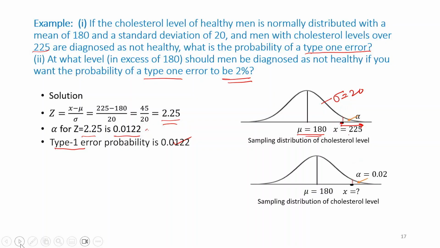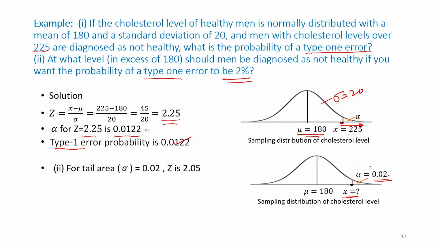That means if I draw the same graph, I basically do not know what is the value of X now. But this area is given 2%, basically means alpha 0.02. 2% means 2 by 100, which is 0.02. That means the tail area has been given here.